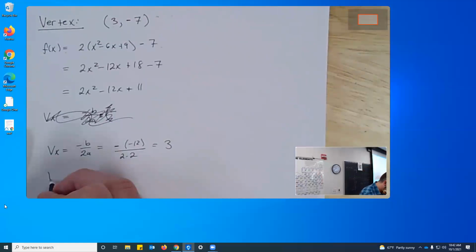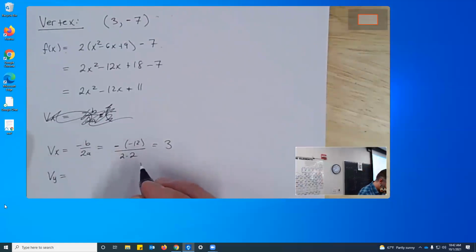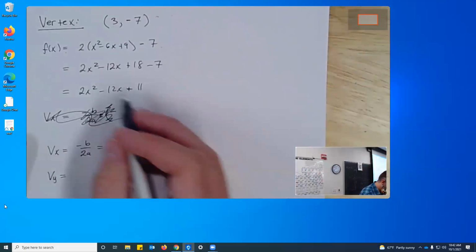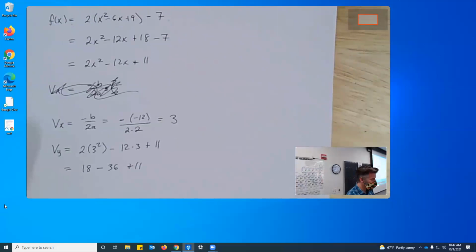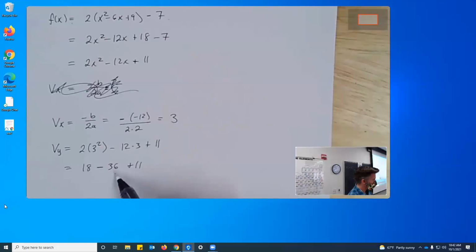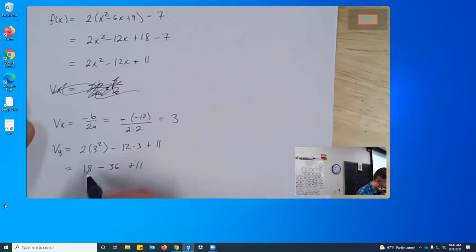And then the y coordinate of the vertex: I plug in 3, I get 2 times 3 squared minus 12 times 3 plus 11. I get 2 times 9, which is 18, minus 36, plus 11. I see the usual thing that happens, where the first term is half the second term and they're opposite signs. It always happens when you find the y coordinate of the vertex. And then 18 minus 36 is negative 18, plus 11 is negative 7. So my vertex is the point (3, negative 7).